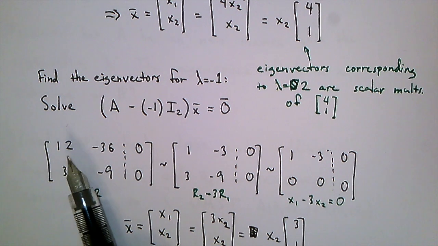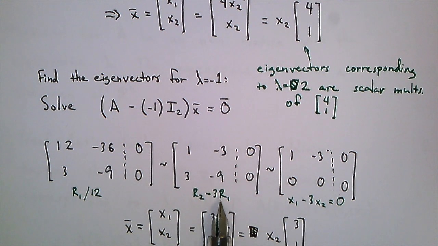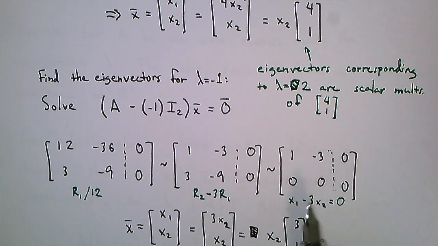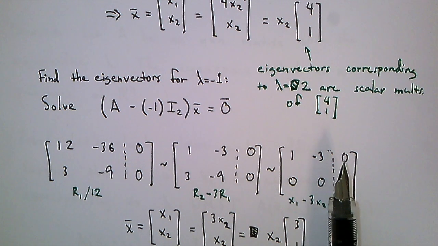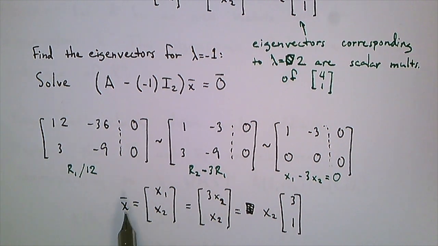So divide the first row by 12, and then use that 1 to eliminate the 3 by subtracting 3 times row 1 from row 2. And then you get this final matrix in reduced row echelon form, and the first row translates to x1 minus 3x2 equals 0, which helps us when we write out the solution.